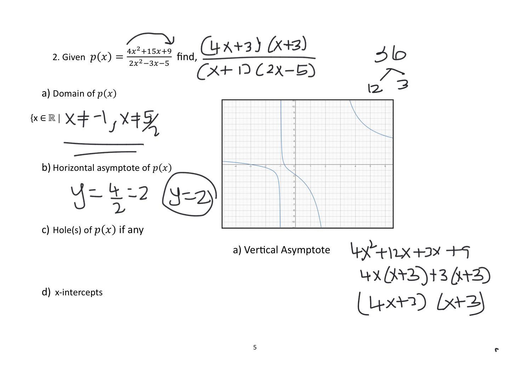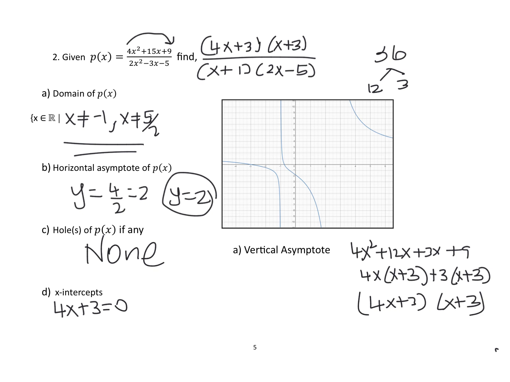Okay, the other one, I'm going to find whether there are holes. Now, is there anything which can cancel out? Anything common? No, nothing common in the numerator and denominator, so I'm going to say none. And then I look for the x-intercepts. For x-intercepts, I take the numerator, make it equal to 0, and solve. 4x plus 3 is equal to 0.